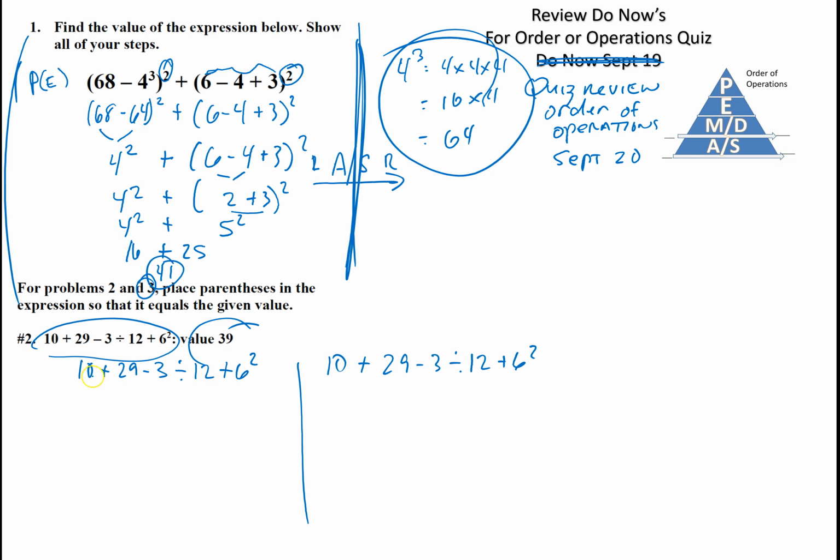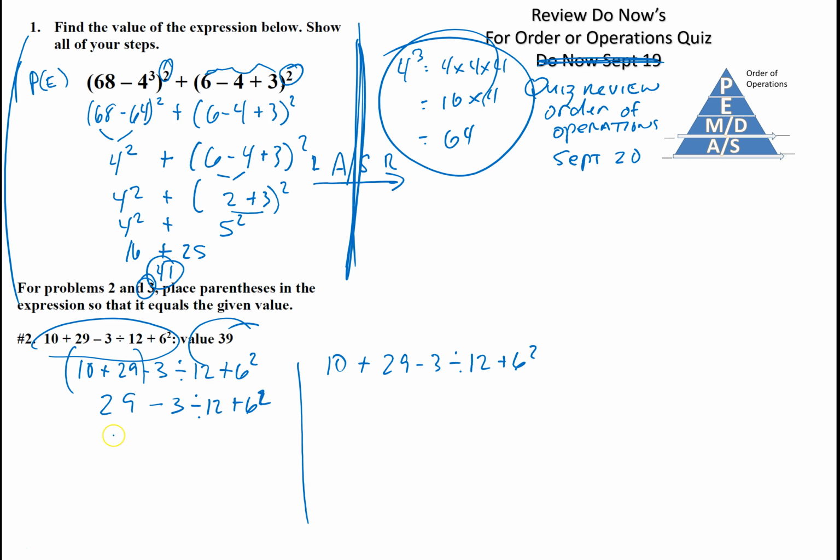Make sure I wrote my problem right. 10 squared, 10 plus 29 minus 3 divided by 12 plus 6 squared. Okay, sounds right. So I'm going to start here. And I get 29 minus 3 divided by 12 plus 6 squared.